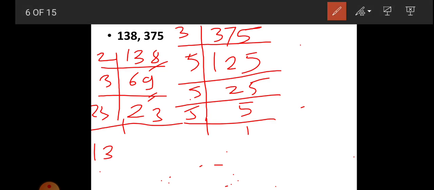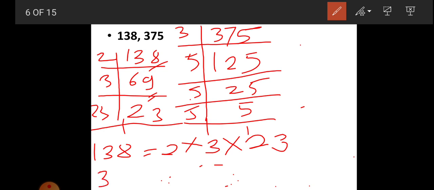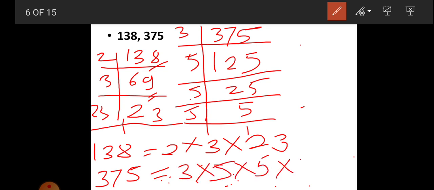Now the factor of 138 equal to 2 into 3 into 23. And 375, 3 multiplied by 5 multiplied by 5 multiplied by 5. Now here common factor 2 is not here.